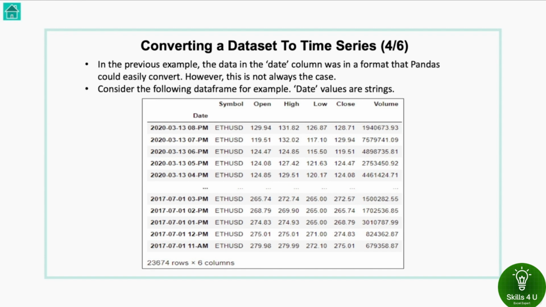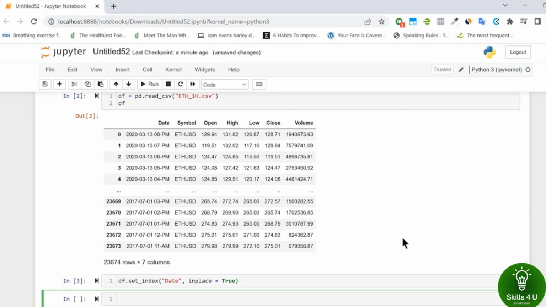In some cases, string date and/or time values of a time series might be in a format that Pandas cannot convert. For example, consider the date values in the given figure. The data type of index column values is string. Let's see what happens when we convert these values to timestamp. Once again, our dataset is stored in the variable df.